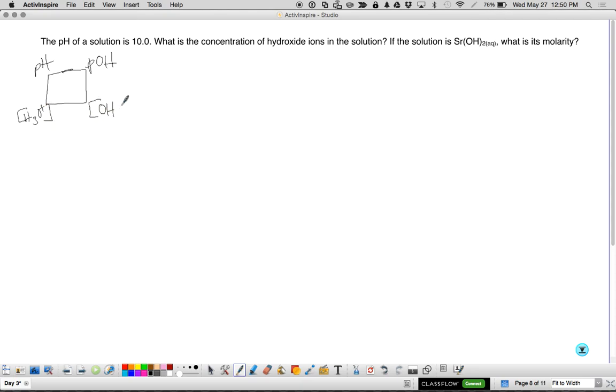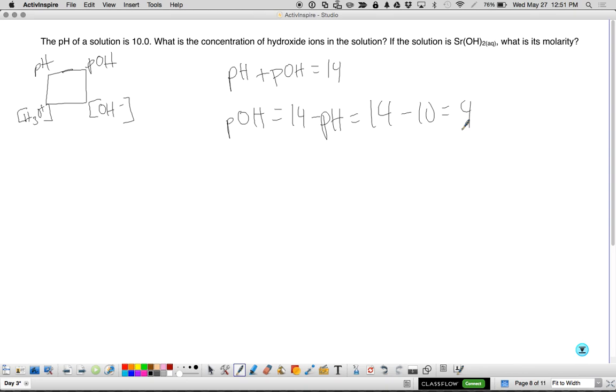Concentration of hydroxide. Now, I'm trying to go from pH to concentration of hydroxide. So I like to go this top route because I like this conversion right here. pH plus pOH equals 14. So pOH is 14 minus pH, which is 14 minus 10, which is 4.